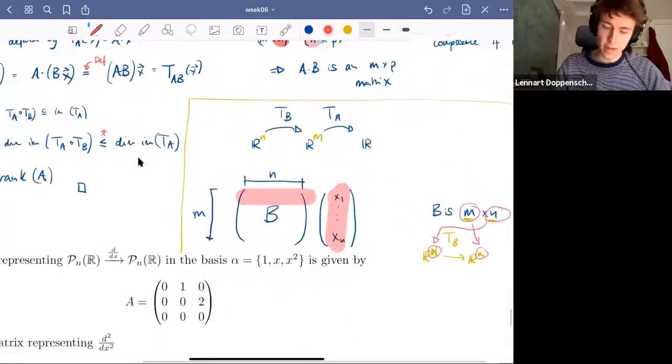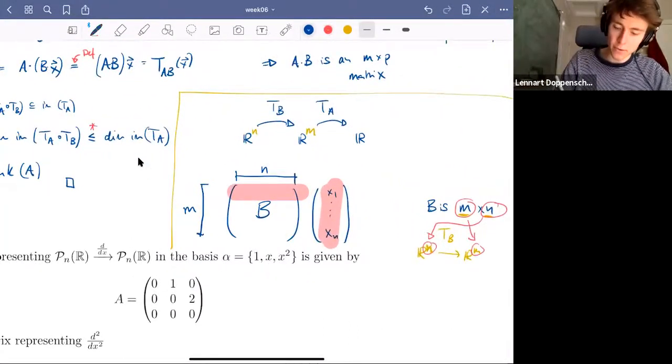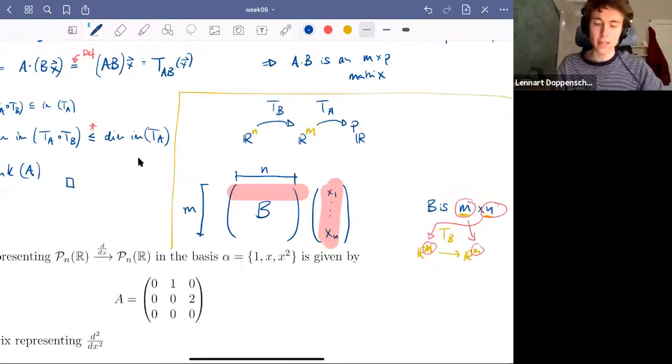And yes, so then if you want to have A and B composable, these have to match.